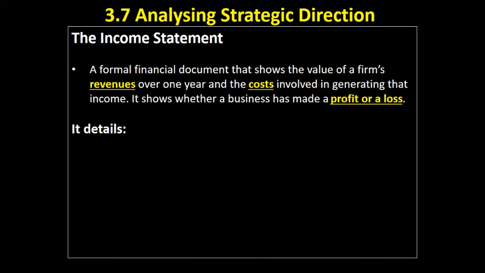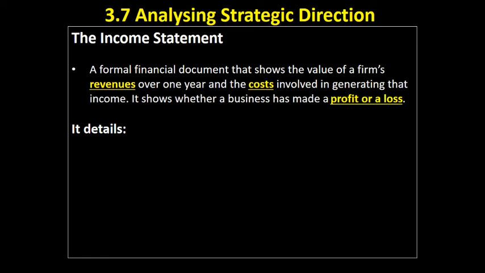In fact, they used to be called profit and loss accounts. Part of it being a formal document means that there are regulations, particularly for public limited companies, about how they present their income statement and the language that needs to be used. So the important thing is it compares revenue to costs, and it allows us to identify whether a business has made a profit or a loss.